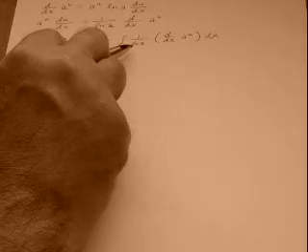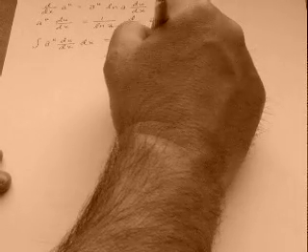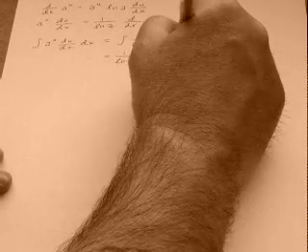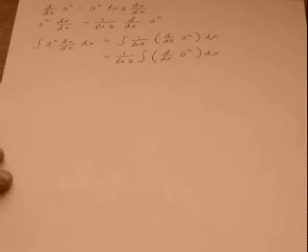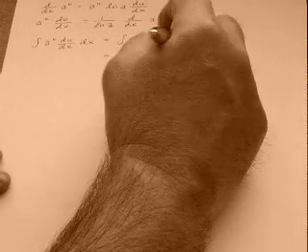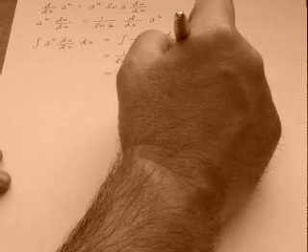Since a is a constant, 1 over ln a is a constant, so you can bring that in front. 1 over ln a in front, and you've got d dx of a to the u dx. And then this is equal to 1 over ln a times a to the u plus c.